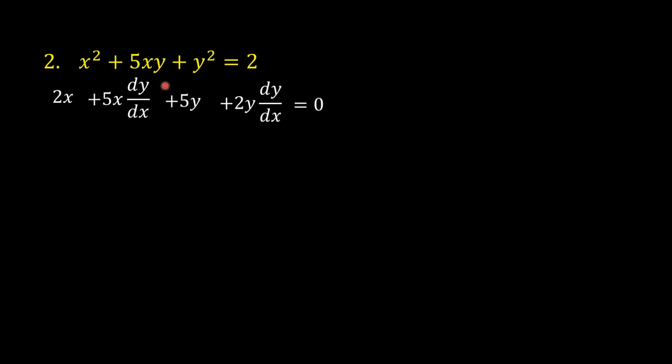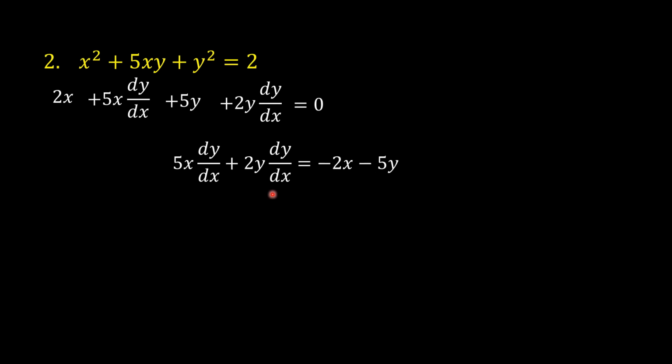Also, transpose positive 5y to the right side, change its sign from positive to negative. We have now 5x times dy/dx plus 2y times dy/dx is equal to negative 2x minus 5y.